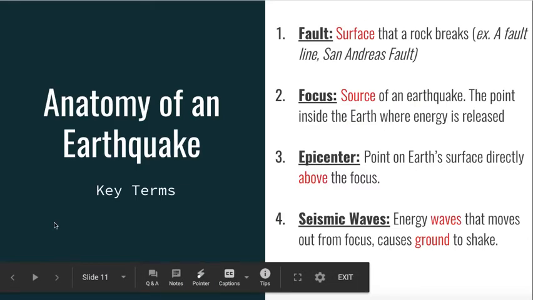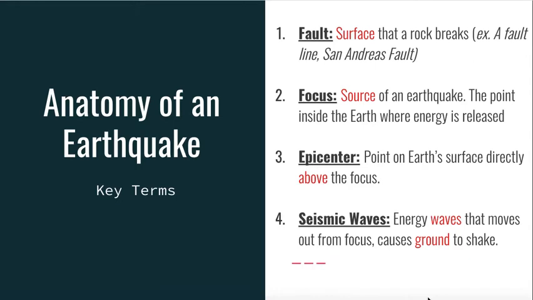So, in anatomy of an earthquake, the key topics that we need to know are fault, focus, epicenter, and seismic waves. These are terms that you're going to be hearing more and more about. The fault is the surface that the rock breaks through the earth. For example, throughout California all the way up to Alaska, there is a fault called the San Andreas Fault. That is the surface area that has fallen inward, down towards the center of the earth.